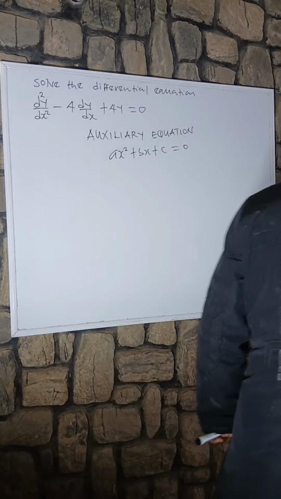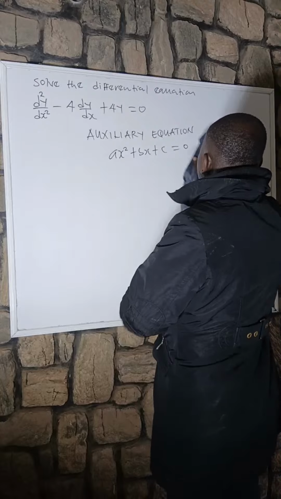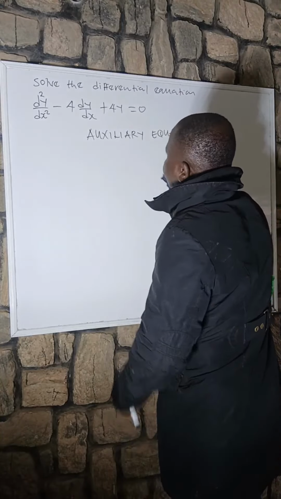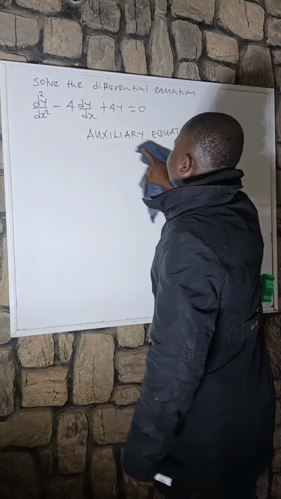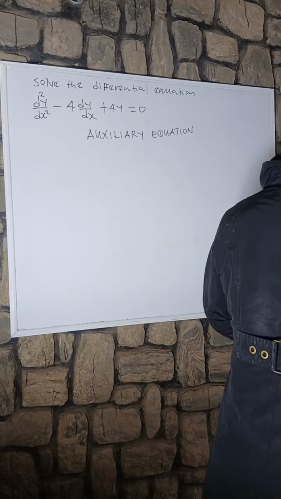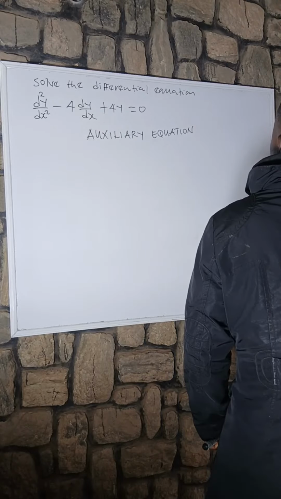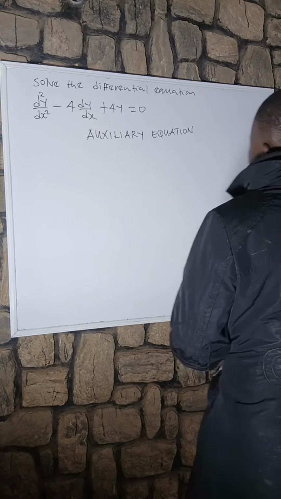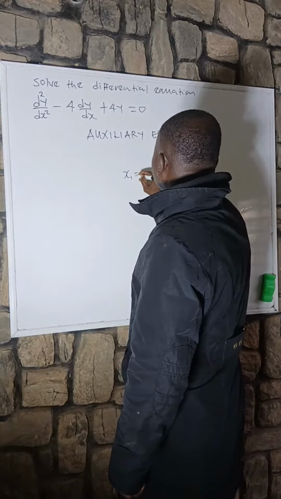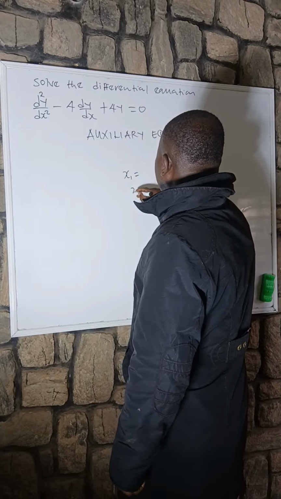Okay. So now, as long as a second order differential equation is concerned, you must reduce it to an auxiliary equation. Then that will lead us to obtain our X1 and X2.